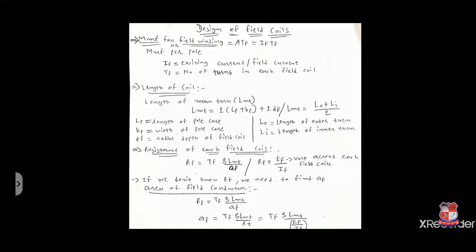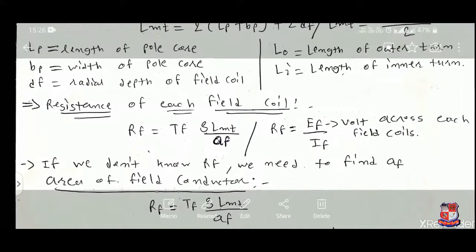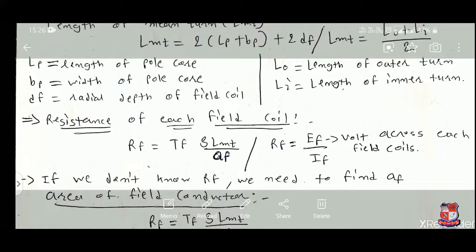The next basic part is the resistance of each field coil. How can we define it? We know the basic formula, R is equal to rho L by A. The same formula we can use over here. So RF is equal to TF into rho LMT by AF. What is this TF?